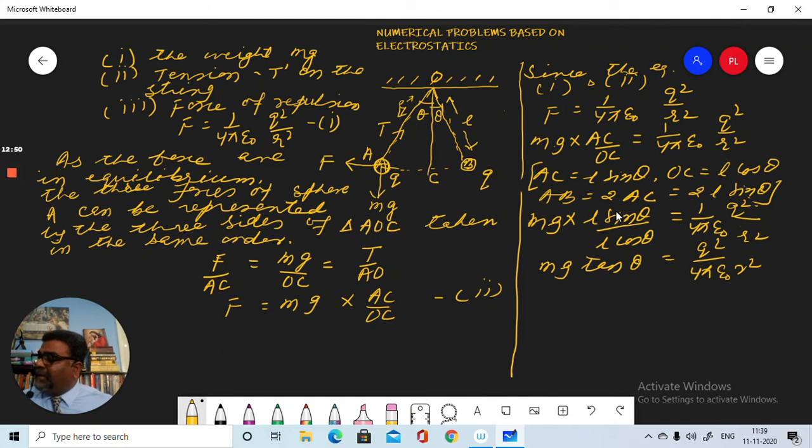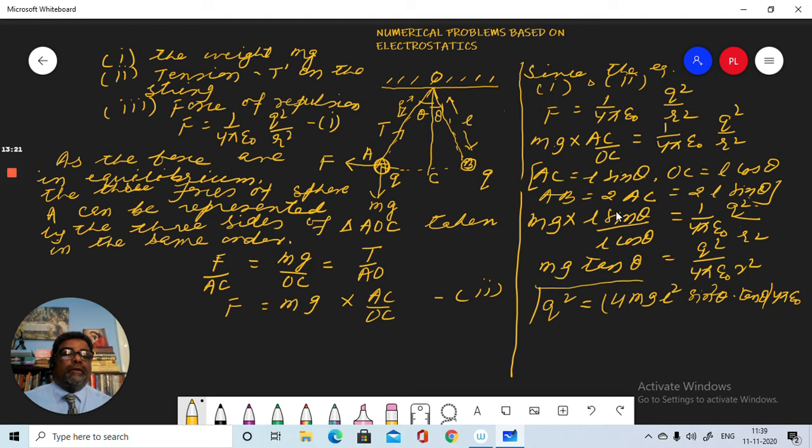Now we can write them in order. Therefore Q square is equal to 4 mg L square sin square theta into tan theta by 4 pi epsilon naught. This is your desired equation to be proved.